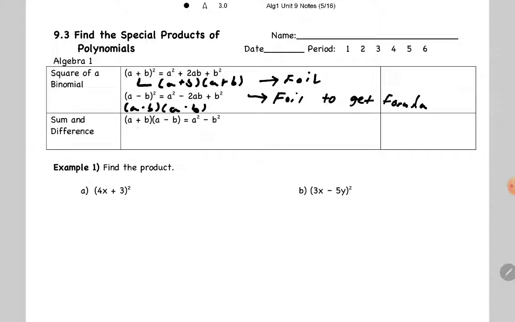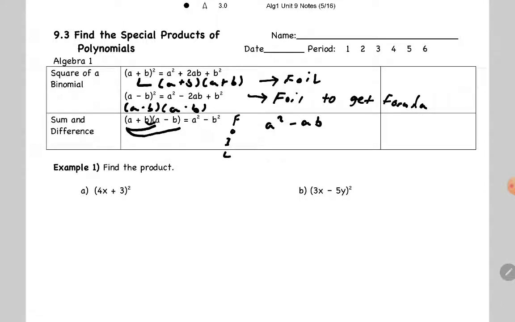Now what if we have a situation like this, (a plus b) times the quantity (a minus b)? That comes out to be a squared minus b squared. How does that come about? So let's go ahead and FOIL. First numbers is a times a, which is a squared. Outside numbers, a times negative b, so we have minus ab.